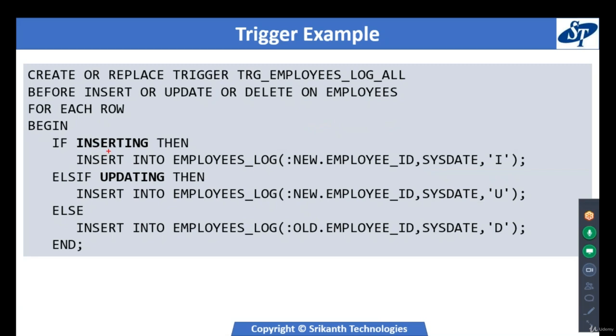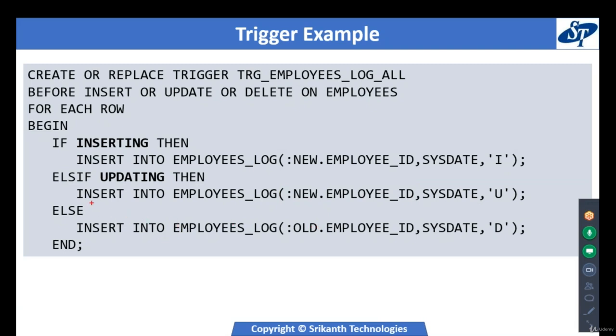If it is not insertion, if the trigger is fired because we are updating the employees table, then this is true and we are going to put U as the operation. And we again use the employee ID and sysdate. Here you can use either new or old, because update is providing both correlation names.